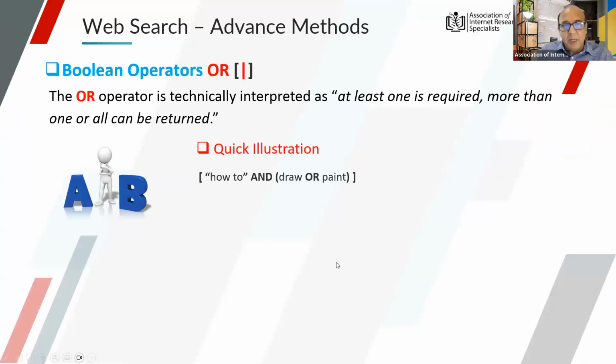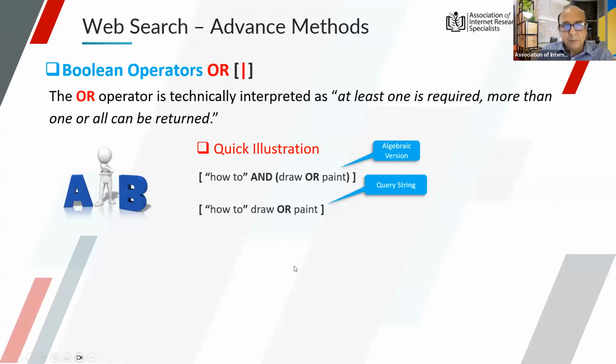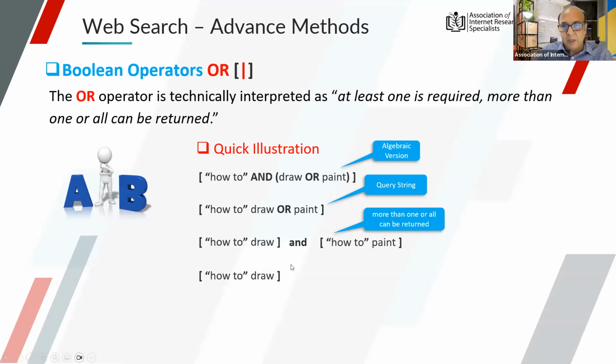So looking at quick illustrations, there are different ways the OR would behave. One of them: how to, and then you put draw or paint within the parentheses.